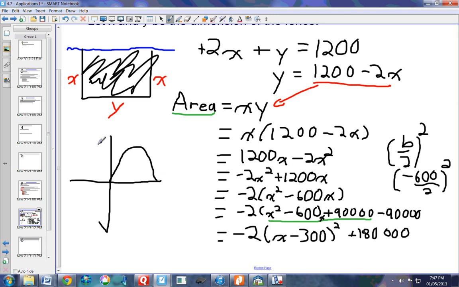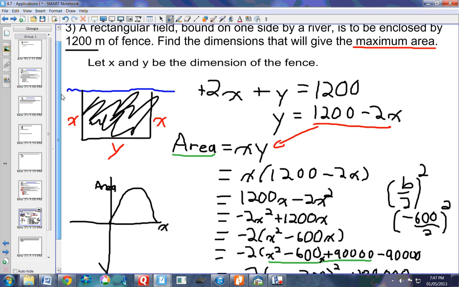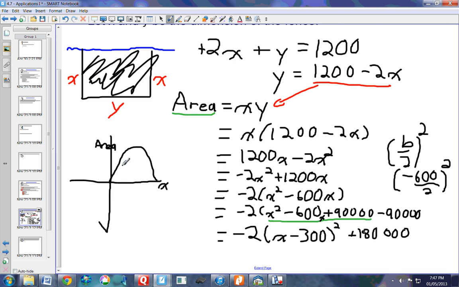And this was our area. Remember, that was in the place of the y value here. This was our x value. So it's asking us in the question here to find the dimensions that will give the maximum area. First, I'm going to look for the x value that's going to give me maximum dimensions. So basically, this x value right here, where's the vertex here? And that value is positive 300.